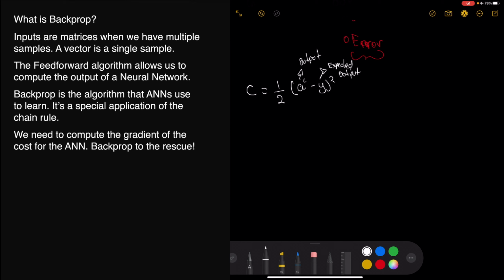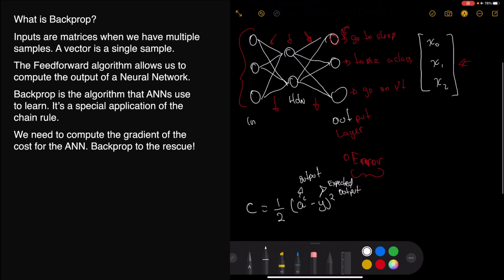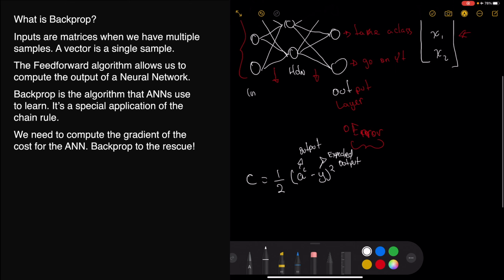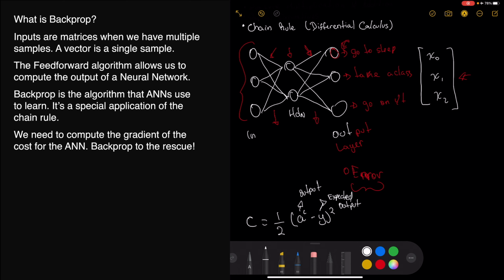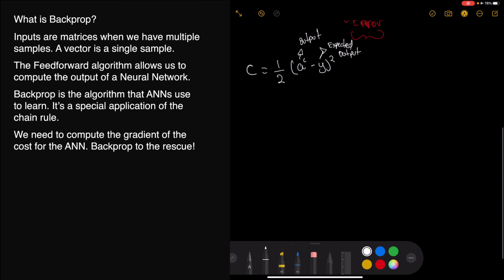Now with this, we can ask: can we find the derivative of this cost function with respect to all of the weights and all of the biases in the neural network? And the answer is yes, we can do it. How? Well, with the chain rule and with calculus. Great. So now that we know that, let's see how we can do that.